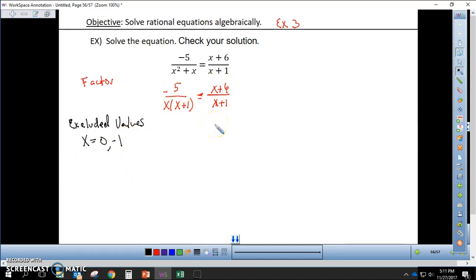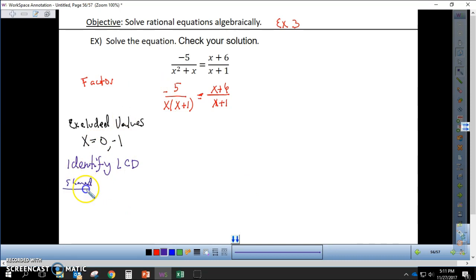After I've done that, I'm going to identify the LCD. That's what you want. In order to find your LCD, you need your shared factors, which is x plus 1.